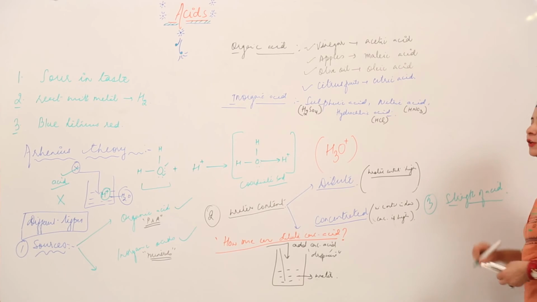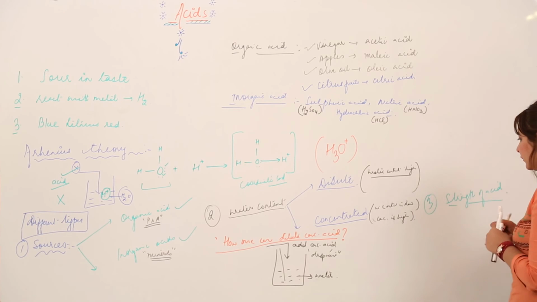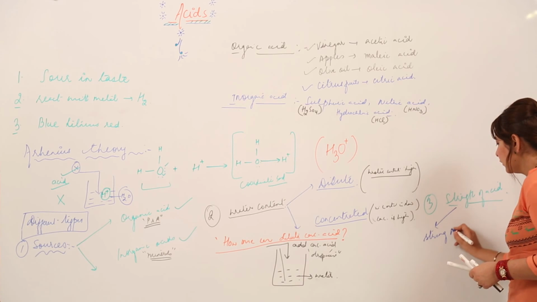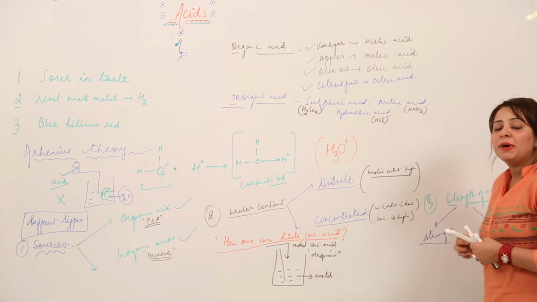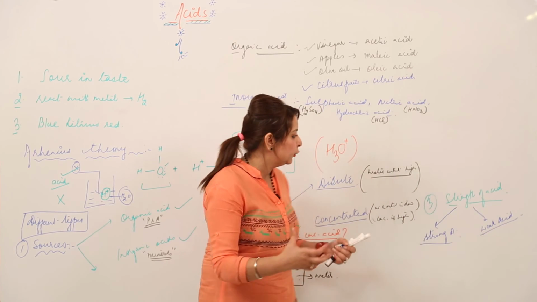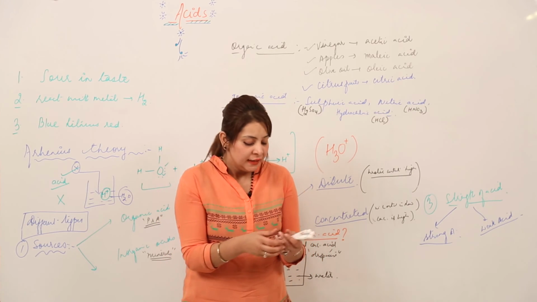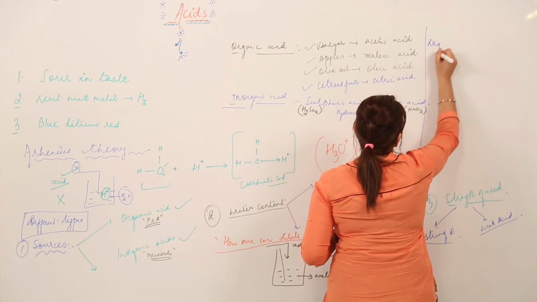On the basis of strength of an acid, we have two types of acids: one is strong acid and the other is weak acid, right? But before you learn the strength of acid, I would like to make you familiar with one term. That term is degree of dissociation.